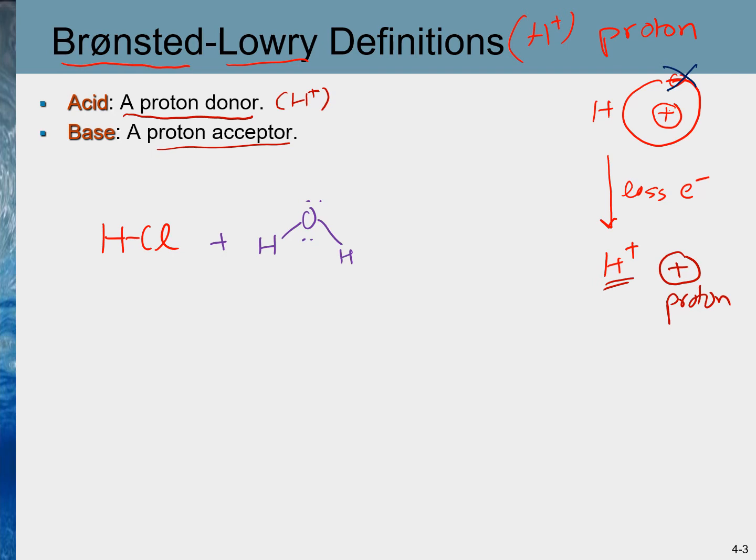When we mix HCl in water, we know that we will get Cl negative plus hydronium ion.